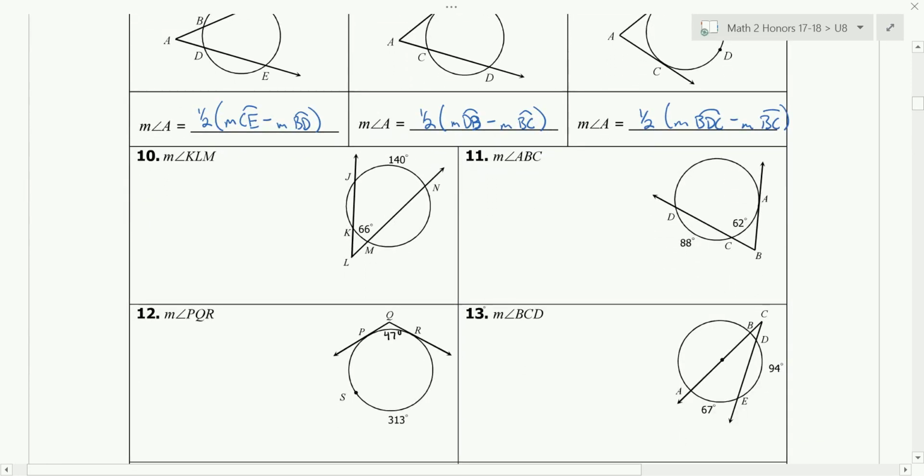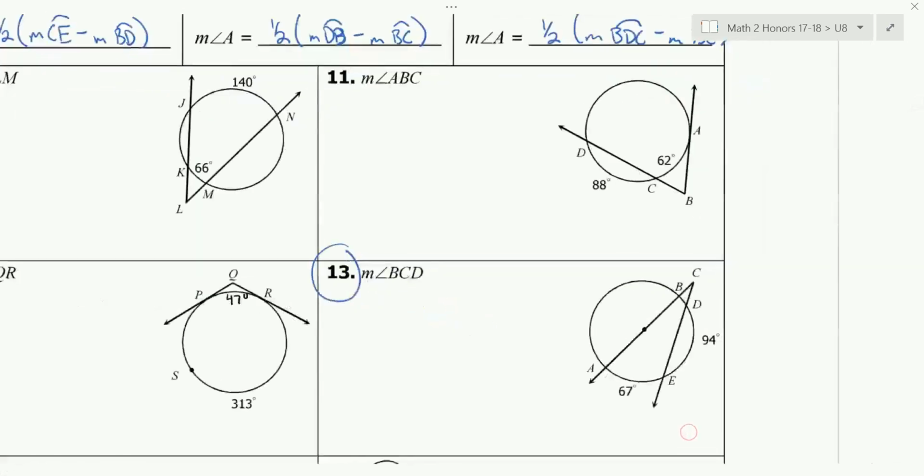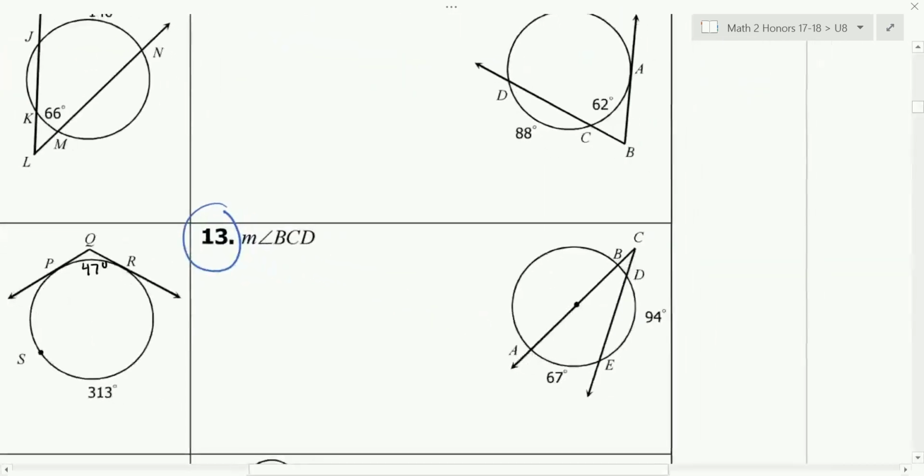Go ahead and try number 13. Logan, did you get this one? Okay, what did you do first? Okay, so you added 94 and 67 to go from A to D, and what did that come out to be? 161.